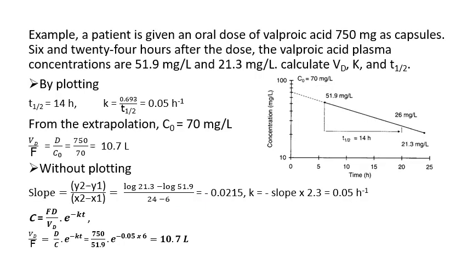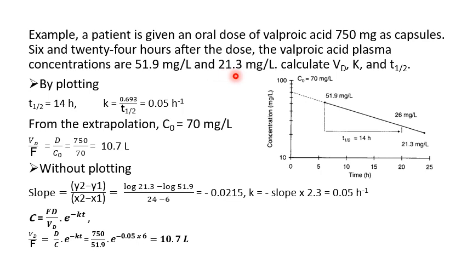Let's take an example for this. A patient is given an oral dose of valproic acid, 750 milligrams as capsules. 6 and 24 hours after the dose, valproic acid plasma concentrations are 51.9 milligram per liter and 21.3 milligram per liter.